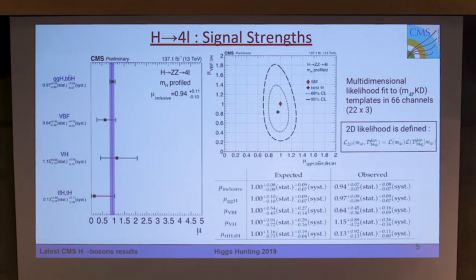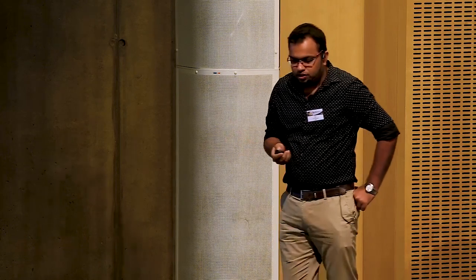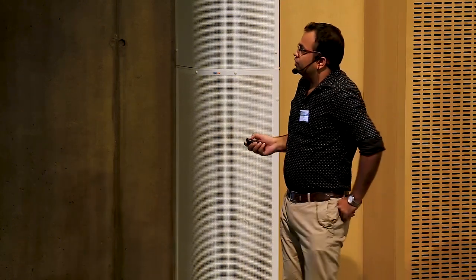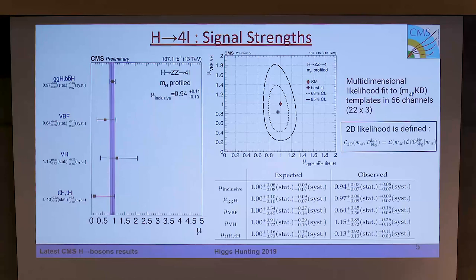To extract the signal strengths, we use a 2D likelihood constructed from the 4 lepton invariant mass and the kinematic distributions that we use in this analysis. In total, with the stage 1.1 binning, we have 22 channels in 3 final states, so 66 channels in total.